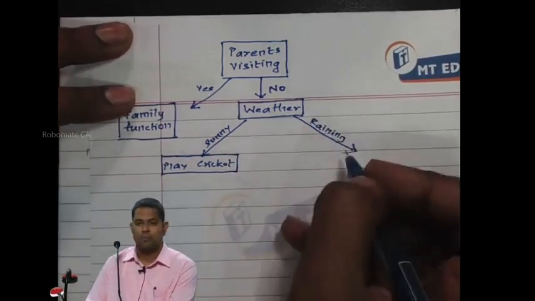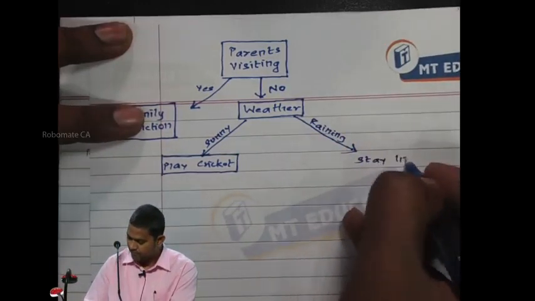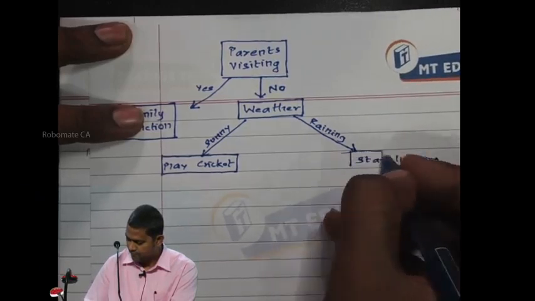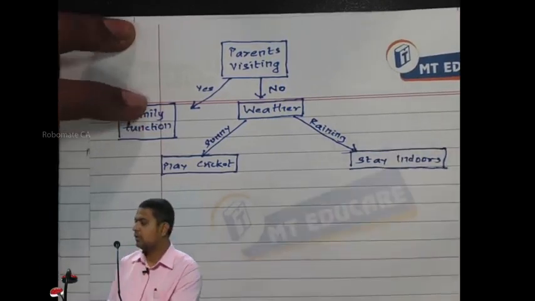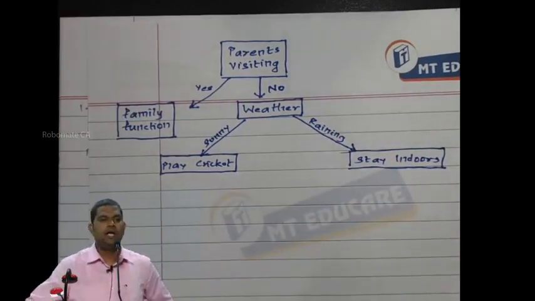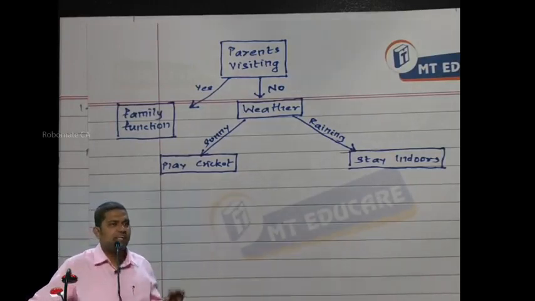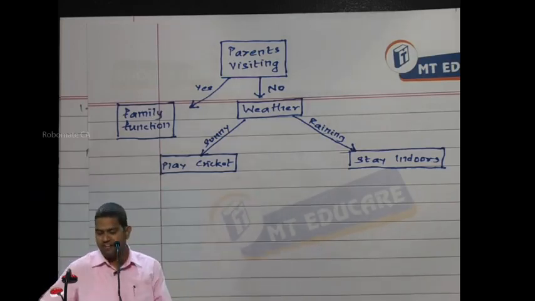So the output would be staying indoors. But the atmosphere is very soothing, or I would say there is a light breeze going on, or we can call it a light windy type of environment.